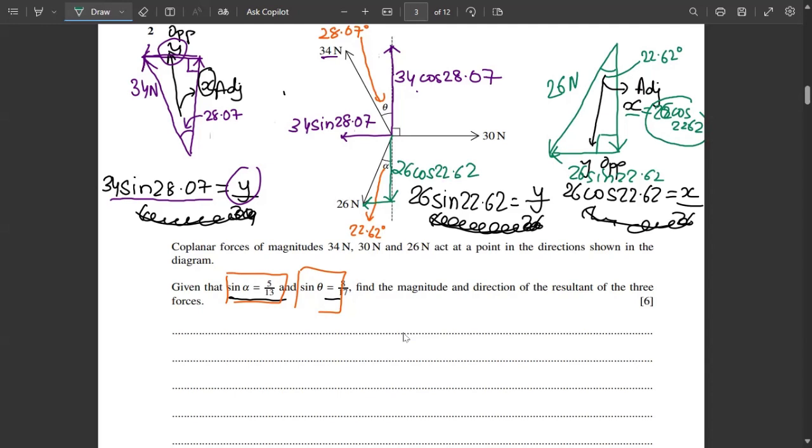And the arrow on the left, let us redraw it here. The arrow on the left will be y, 26 sine 22.62.